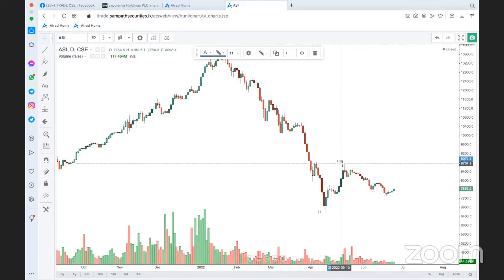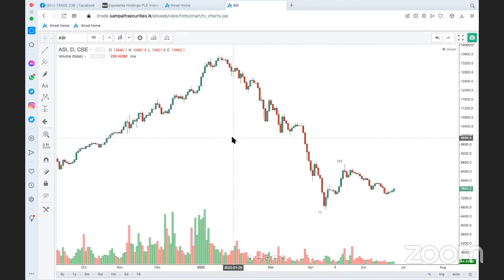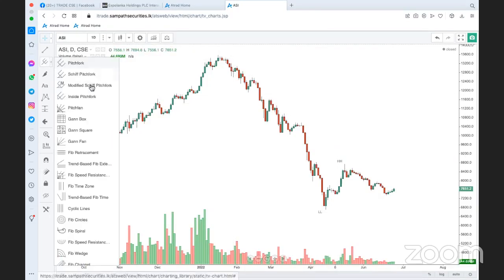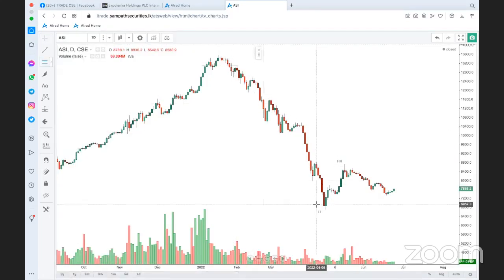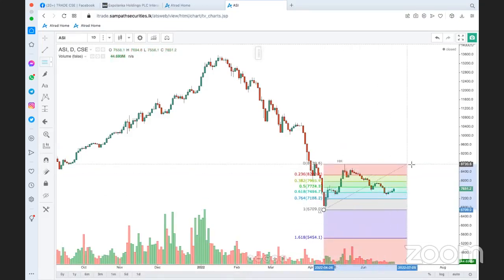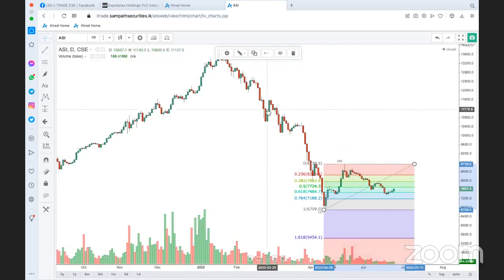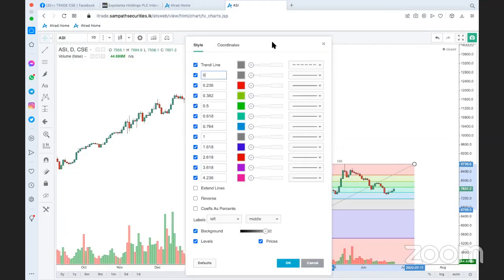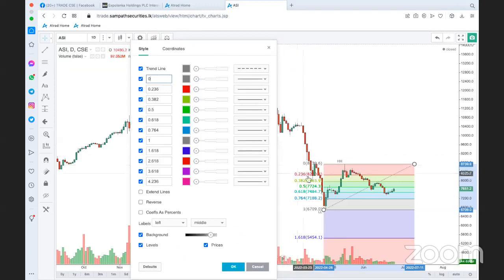Because of these two points, we only use the Fibonacci retracement tool. So we go here. Then we join this bottom to this high like this. Then we can be precise by giving the correct low and the high number. Low and the high.